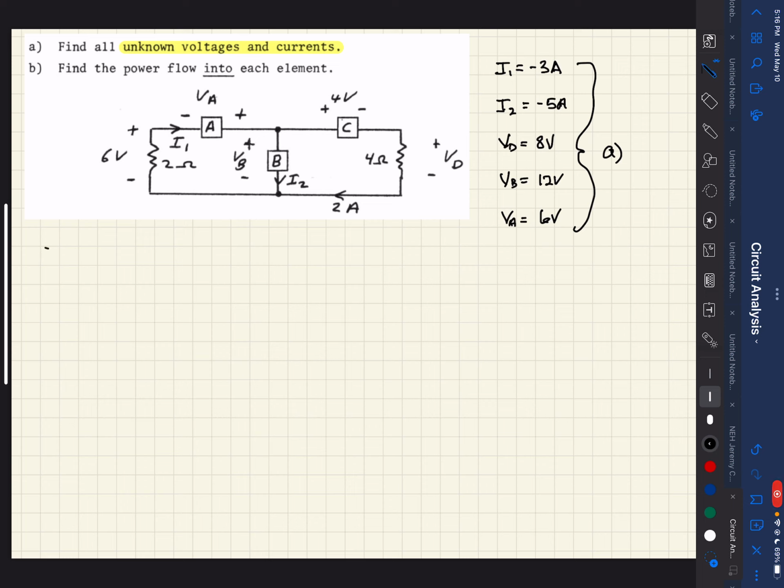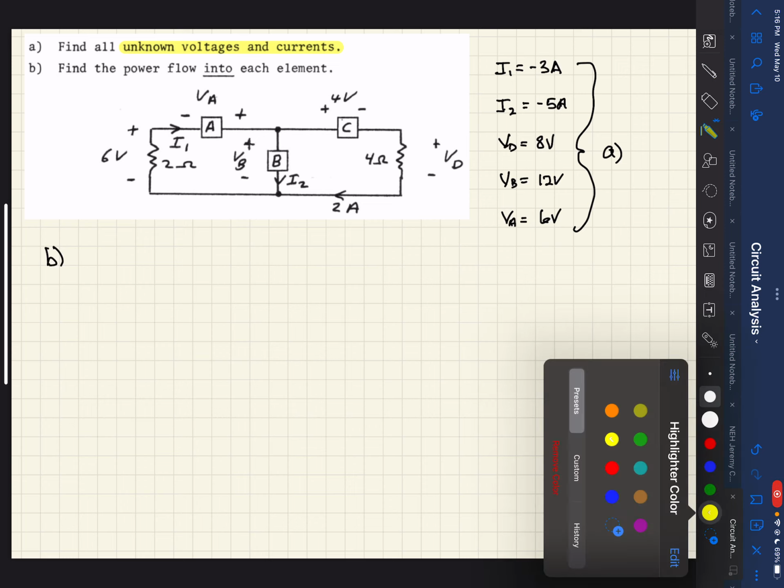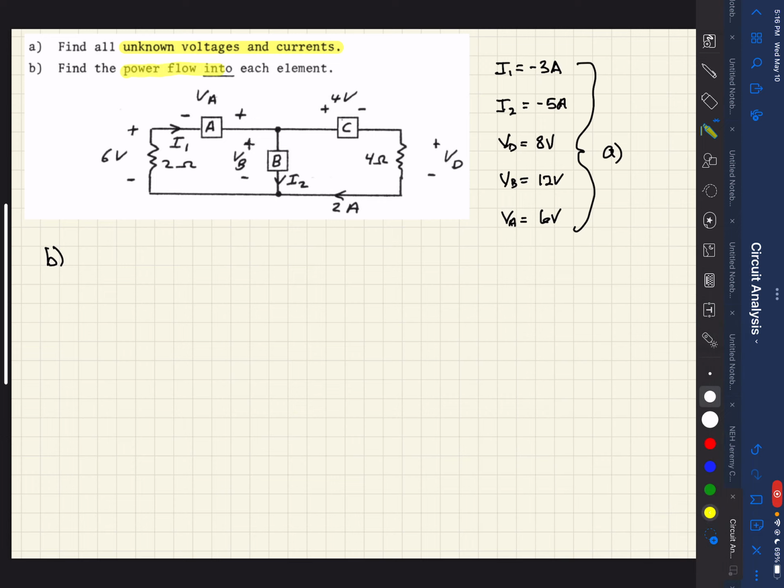So part B, they asked us to find the power flow into each element. To do that, we recall that we have our power equation that we can utilize. The general form is P equals VI.